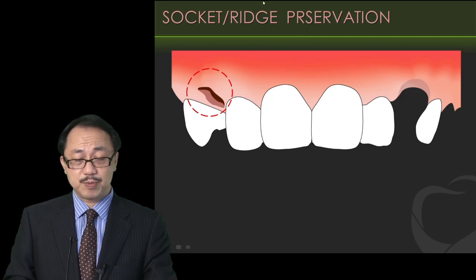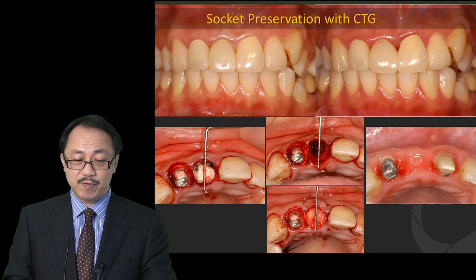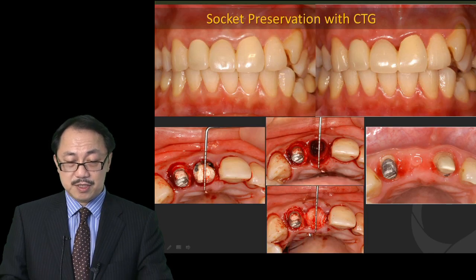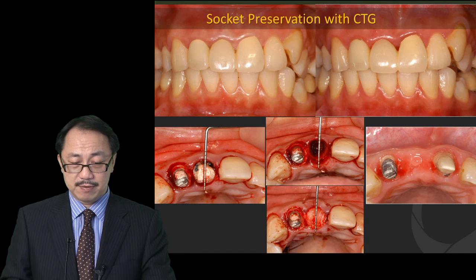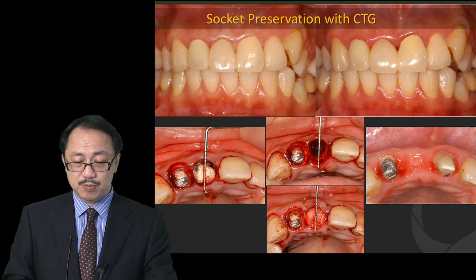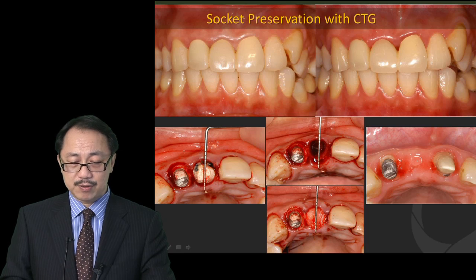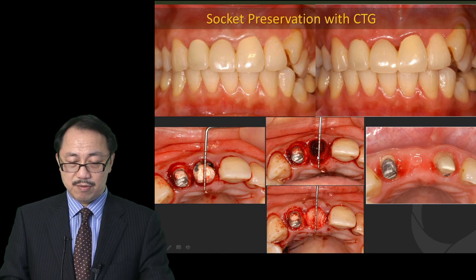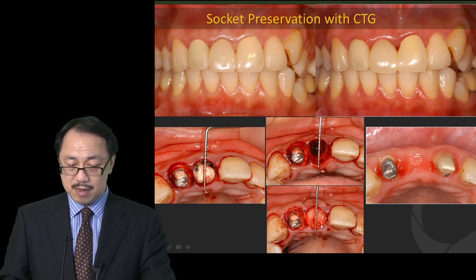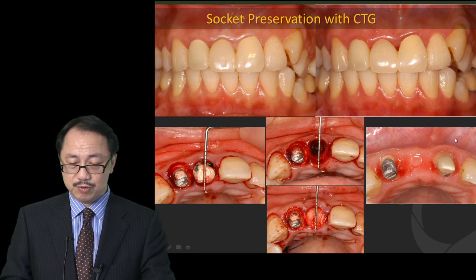Socket and ridge preservation can be performed with connective tissue grafting, but this is not a procedure I normally do right now, because I think the socket seal procedure in the Asian population, due to the thinning of the palatal tissue, is not adequate to perform a good seal. So connective tissue graft is a substitute, but from now on, because of the provisionalization, there's really no need for connective tissue grafting at the same time.